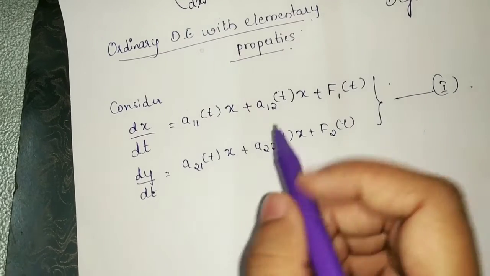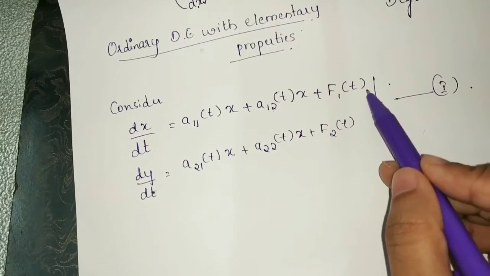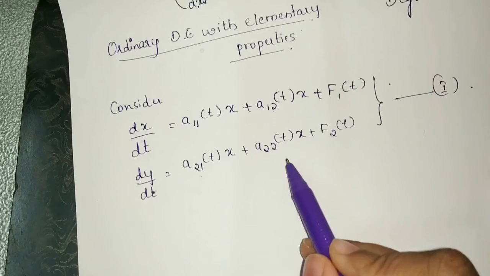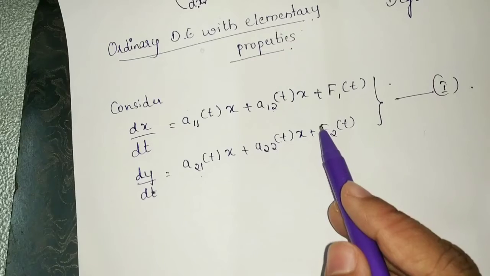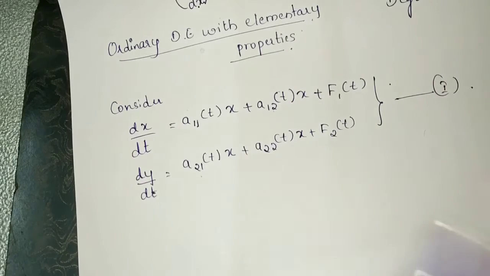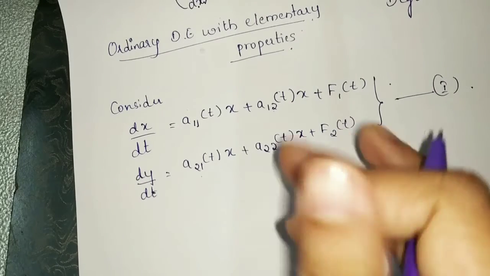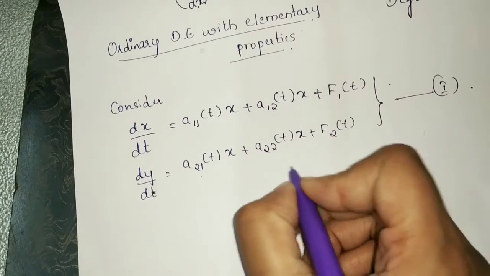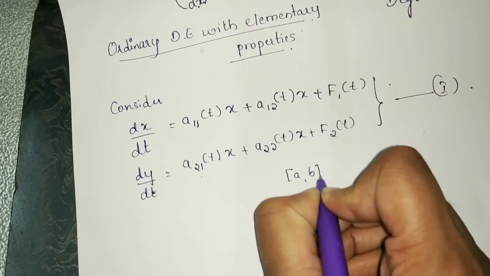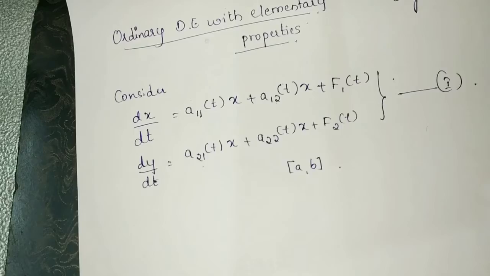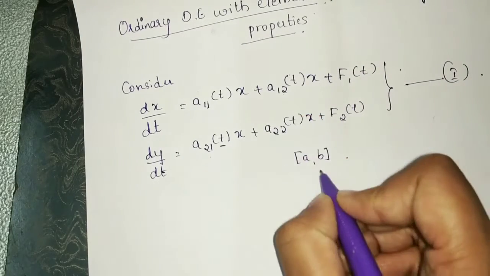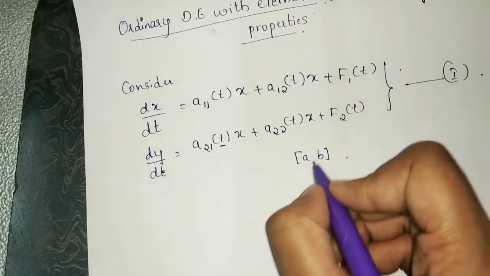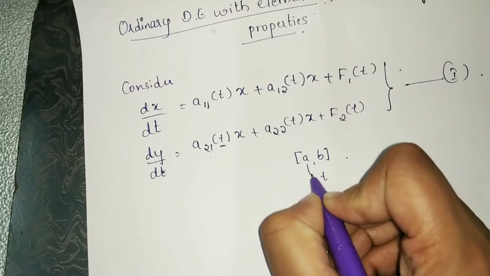Here again a11 of t, a12 of t, a21 of t, a22 of t, f1 of t, f2 of t are all continuous functions. I am restricting these functions to the closed interval a to b, so that the independent variable t will be in this closed interval.